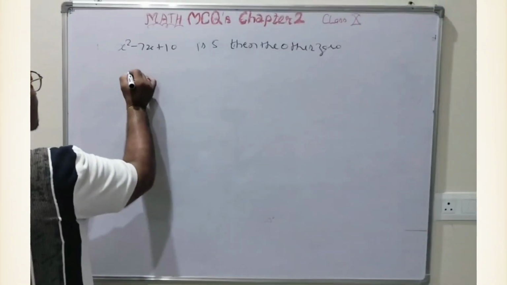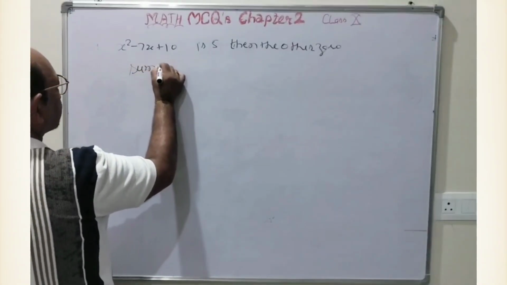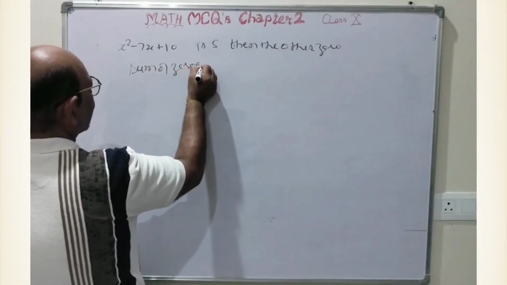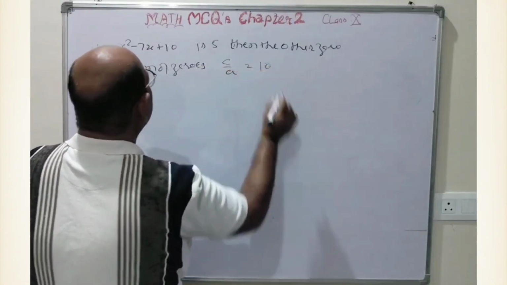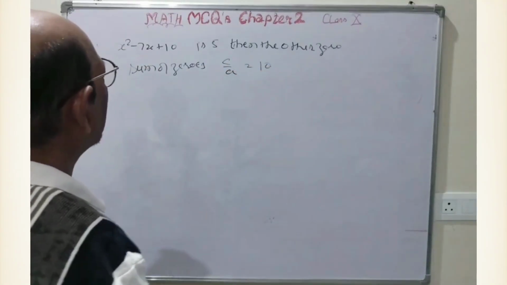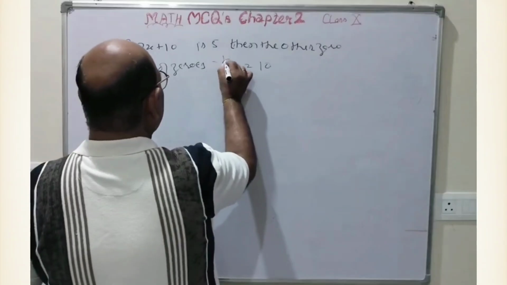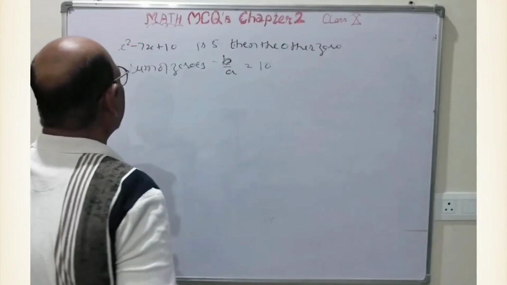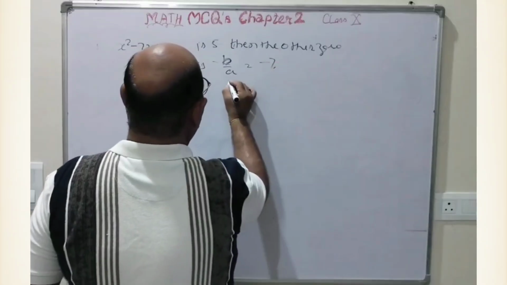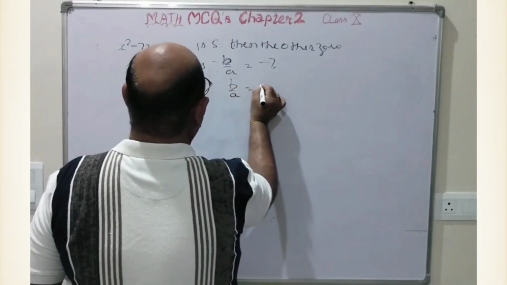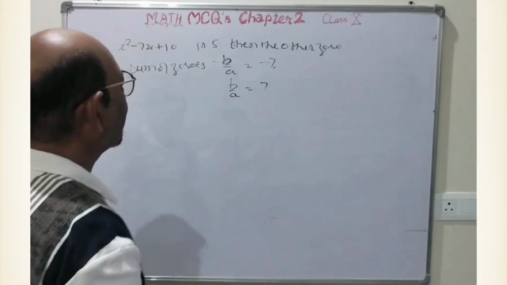Again, sum of zeros is minus B upon A. So that is minus of minus 7, so B upon A is equal to 7.